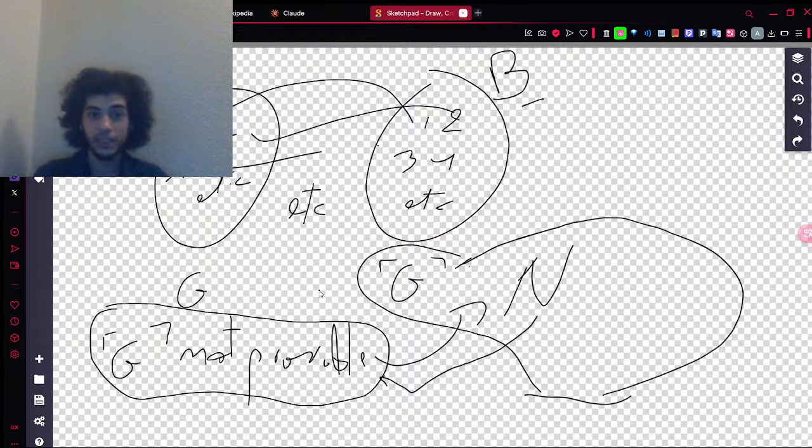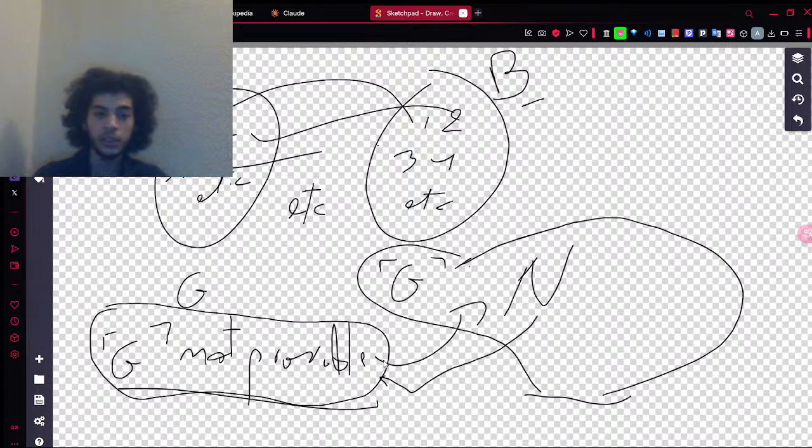And if G is not provable, then G bracket is not provable. And if G bracket is not provable, then that means G is true, because we just proved that G bracket is not provable and G is defined as G is not provable. So that means G is indeed in the system. Why?